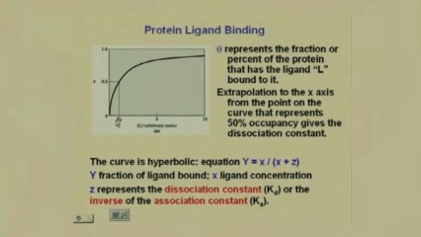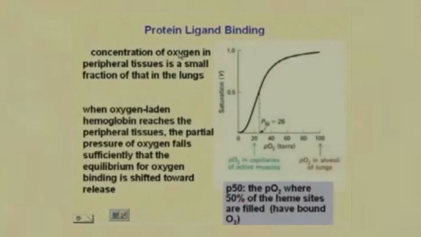Fine. Now, we are going to see how we can utilize this for the binding of oxygen not only to myoglobin but also to hemoglobin, which actually behaves a bit differently. So, if we go to protein ligand binding in general, we will study this in more detail later on.